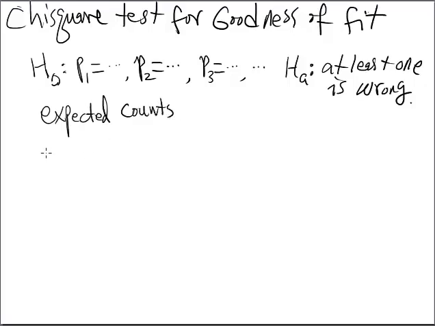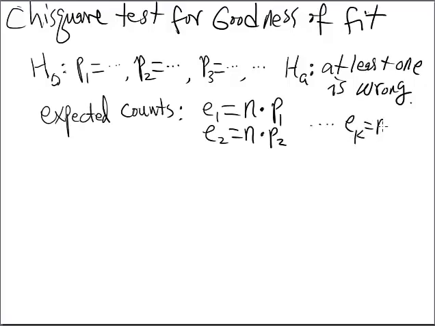So expected counts: E1 equals the total times P1, and E2 equals the total times P2, and so on. Whatever, Ek equals n times Pk, if you have k categories, okay? Then you have your data O1, O2, through Ok.